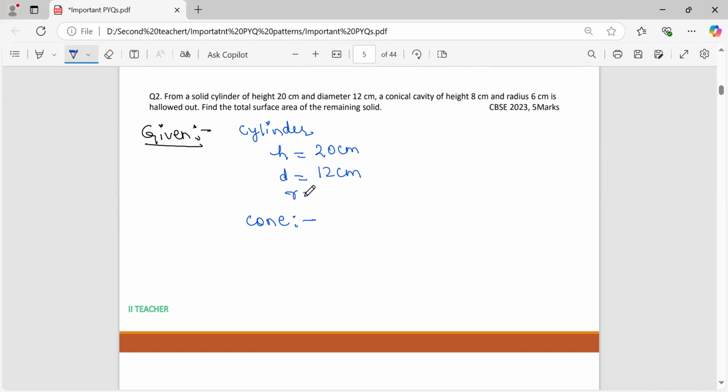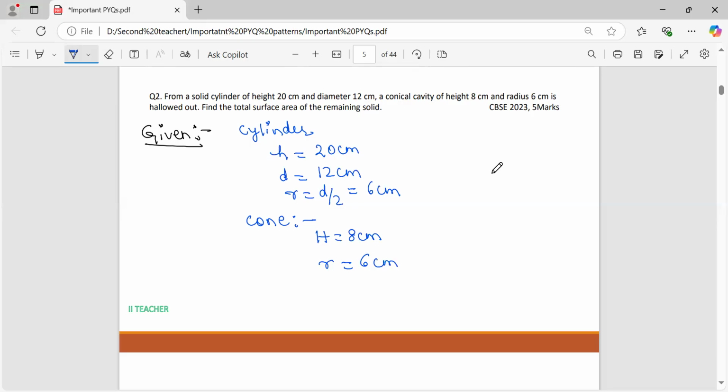Therefore, radius is equal to diameter by 2, that is equal to 6 centimeter. So this I know. In the cone, I know the height of the cone is, so let me take it as a capital H. Height of the cone is 8 centimeter and the radius of the cone is the same as that of the cylinder. So I will take it as r equal to 6 centimeter.